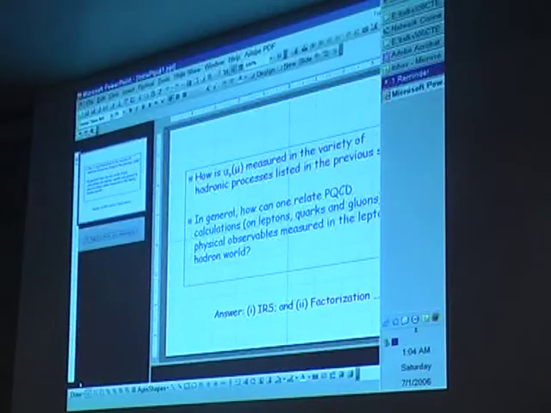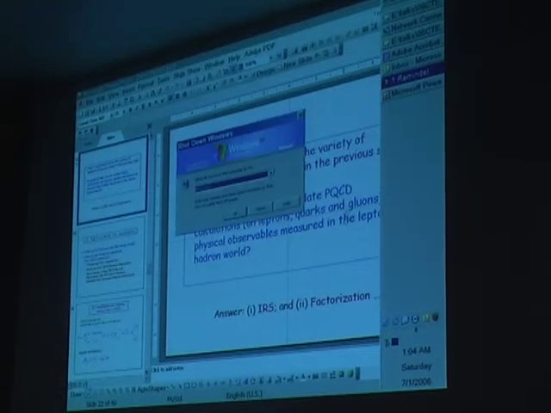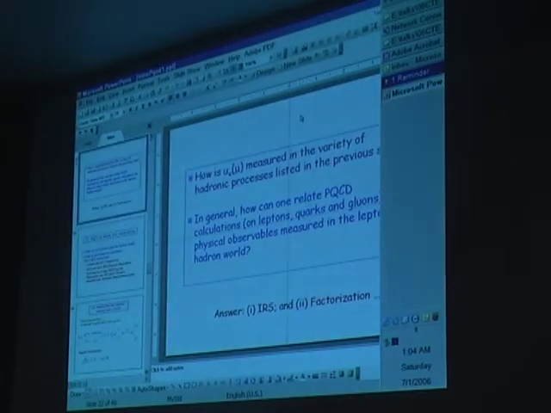Which is this one. Bring up the other one. How do I get rid of this? It's busy.